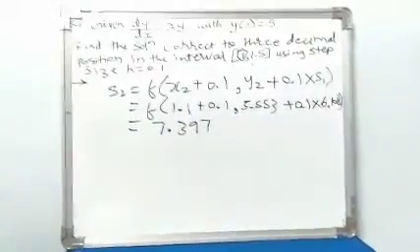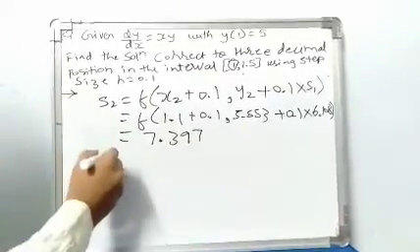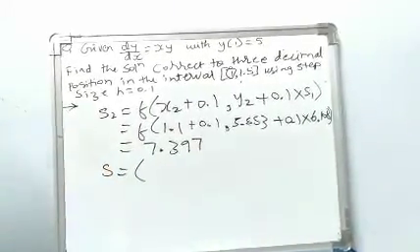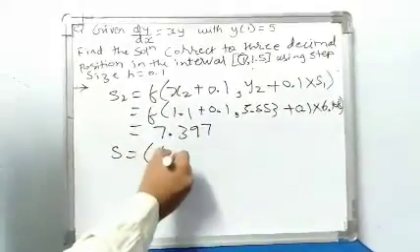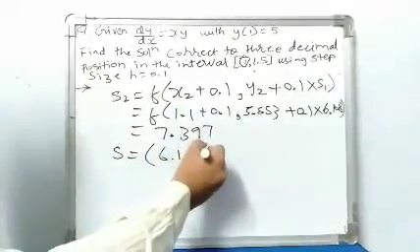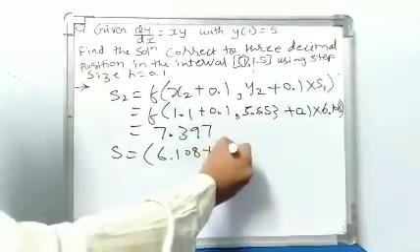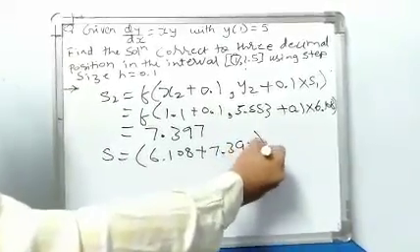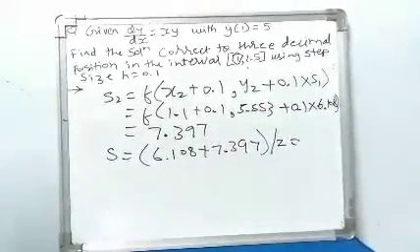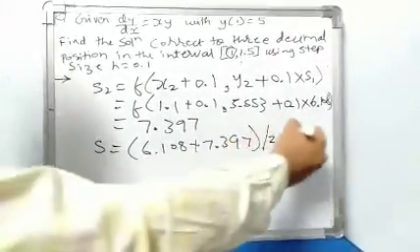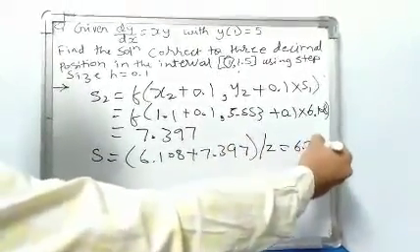Now put all these values. First we need to calculate s, that is s1 plus s2 by 2. So 6.108 plus 7.397 divided by 2 is equal to 6.752.